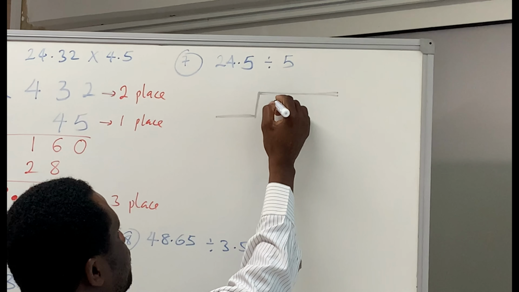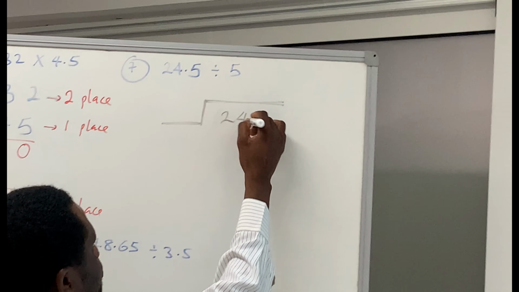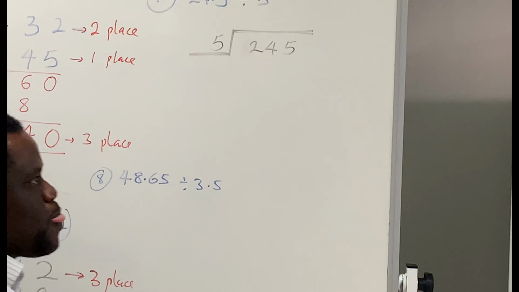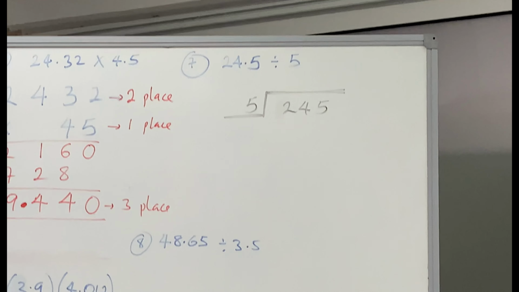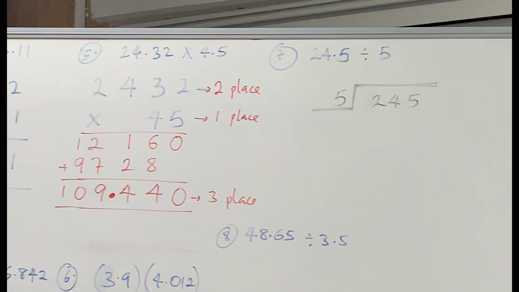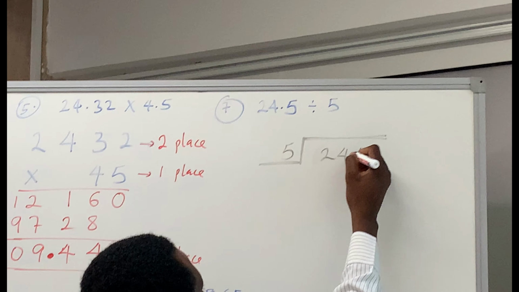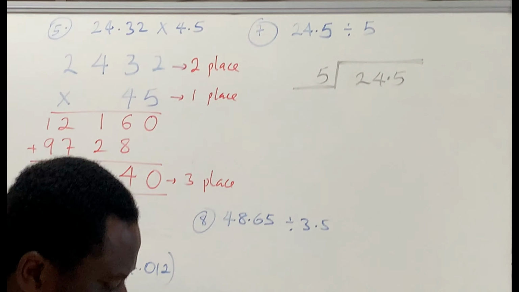We have 24.5 and we have 5. So we can leave it. Look where there is a point here. I can fill it out.